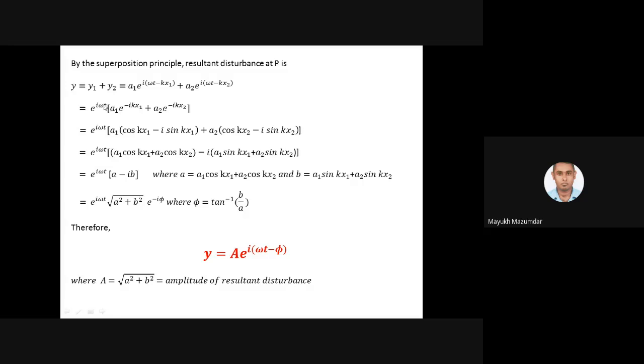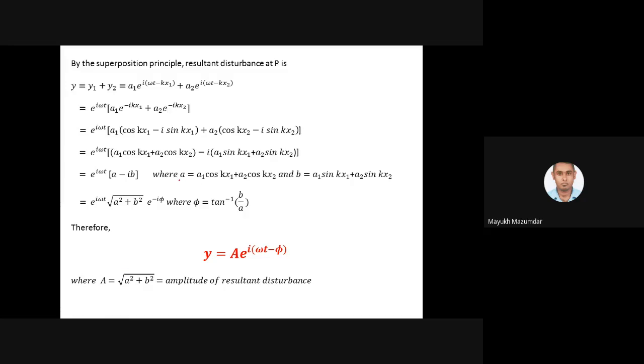So see, this complicated term can be simplified like this, provided we do this substitution. Now, what we will do, we will just assume this thing under the square root as capital A. Another substitution, mind it. We have done two substitutions so far.